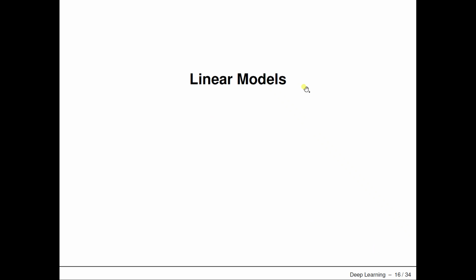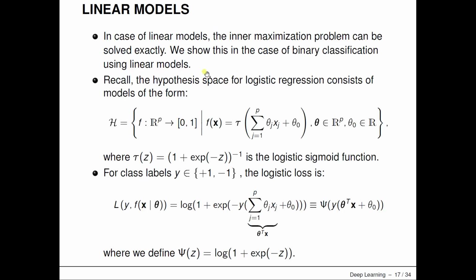Talking about convex models, we can consider linear models. In case of the linear model, the adversarial training optimization can be written in a closed form. Let's consider a logistic regression for a binary classification task. The hypothesis space consists of the functions of such form, you can see it here, where theta is our logistic sigmoid function.